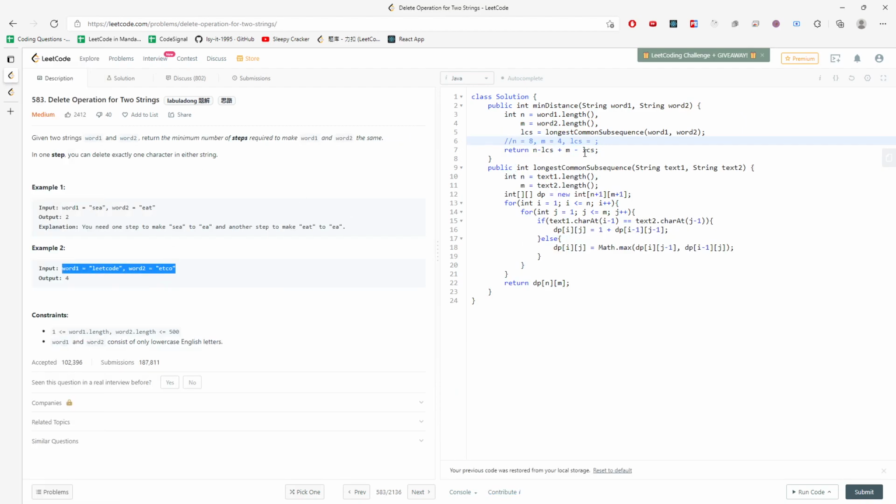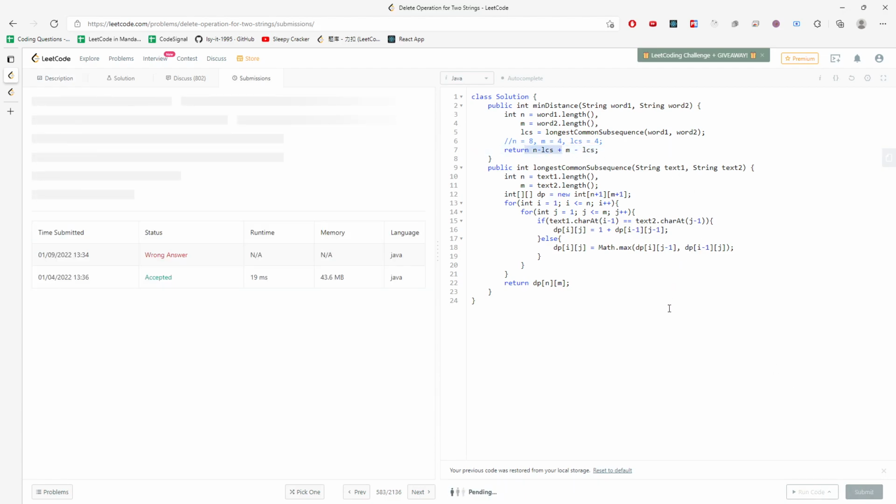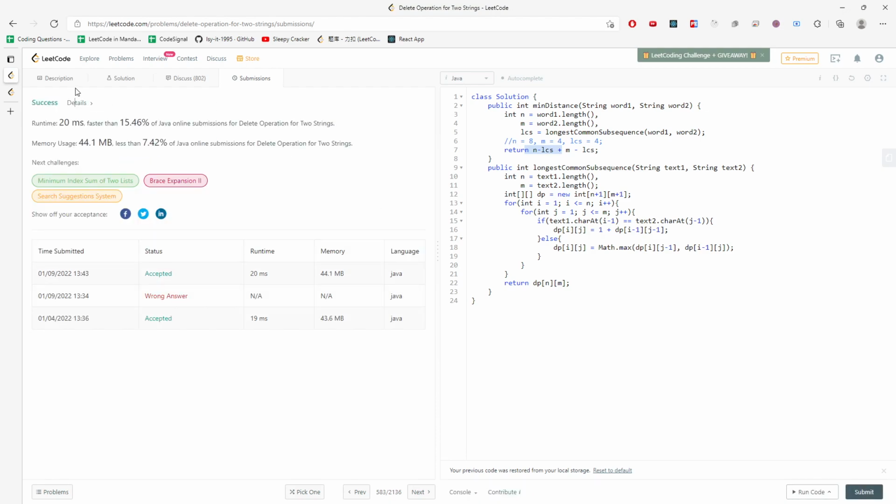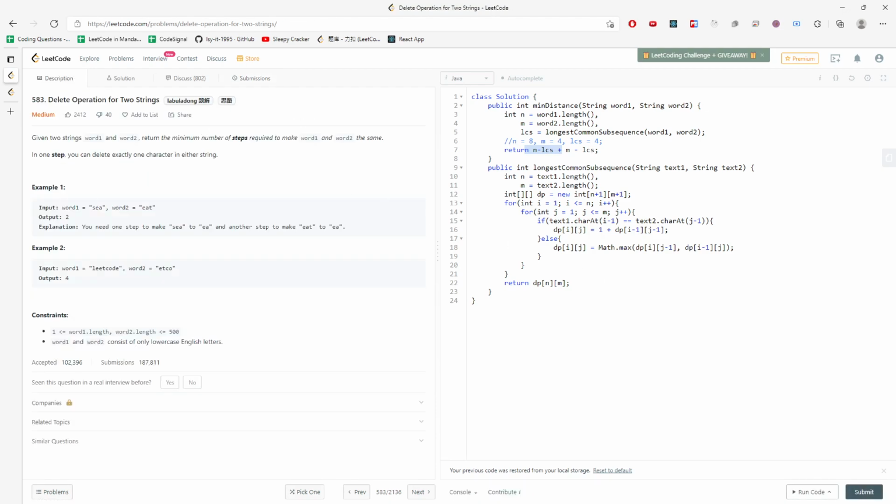So LCS is 4. So 8 minus 4 plus 4 minus 4, and this will be the solution. I'm just using this idea to help you get through the delete operation for two strings question.